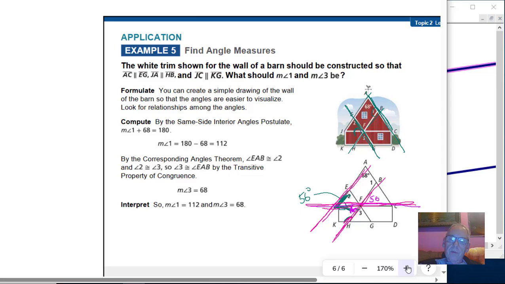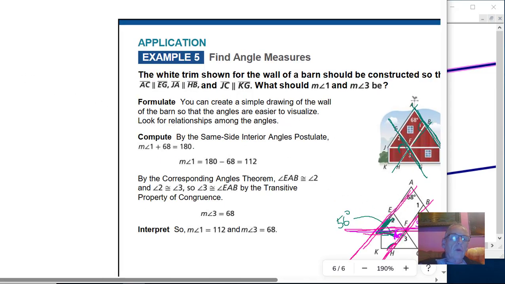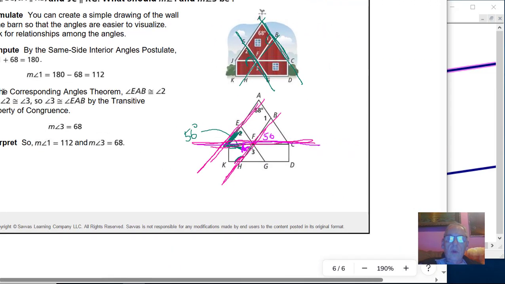Blow this up more. Try to move it over. Let me get rid of some of these lines here. So this is a 56 degree angle we're given. And by corresponding angles, this is a 56 degree angle here.